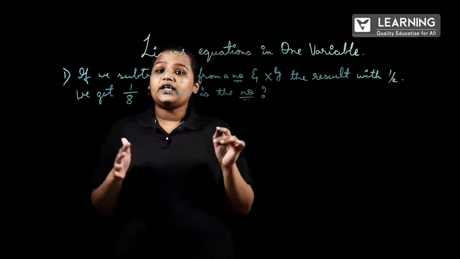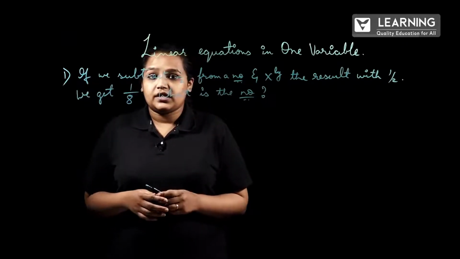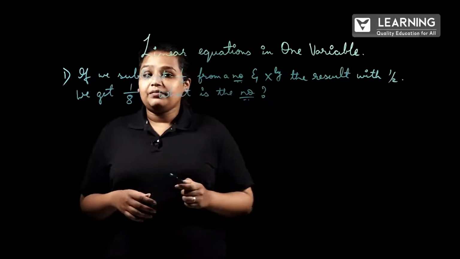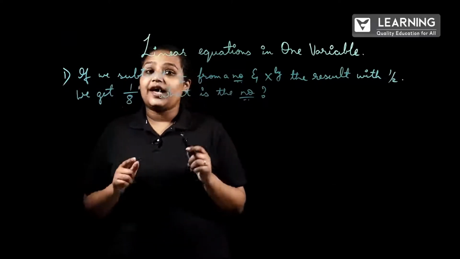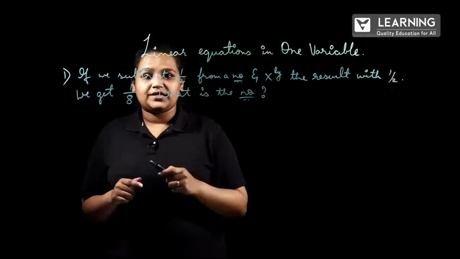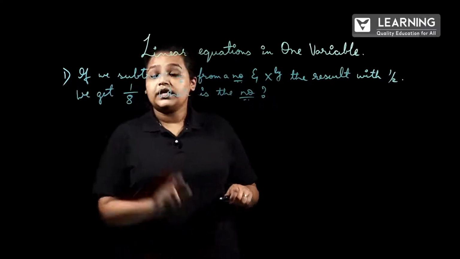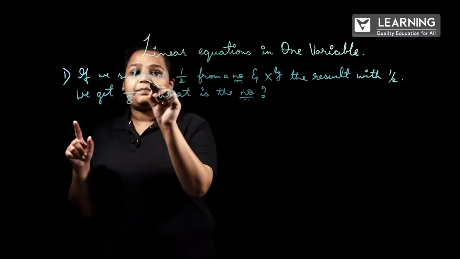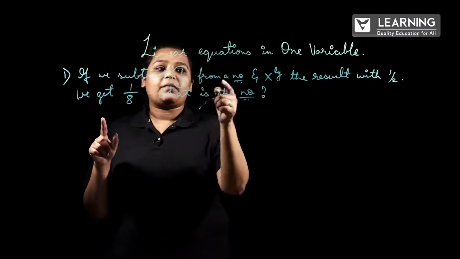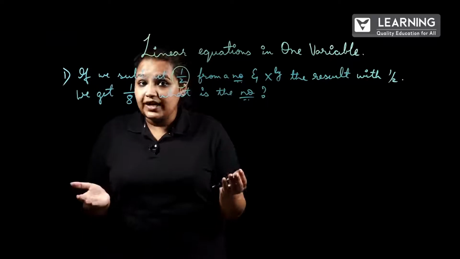Here, they have not given any equation. By this time, you have to understand the question and form the equation, then solve it. It's very simple. Let me tell you how. First sentence, if we subtract half from a number. We don't know the number.